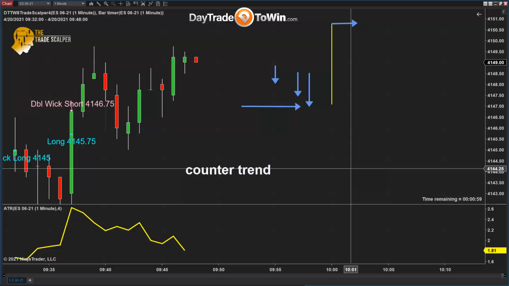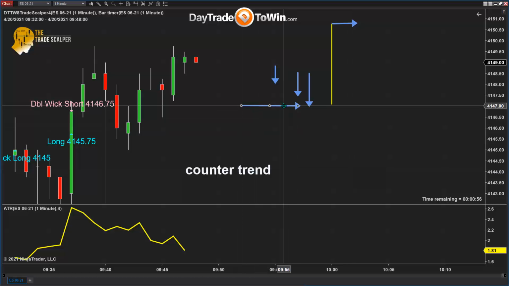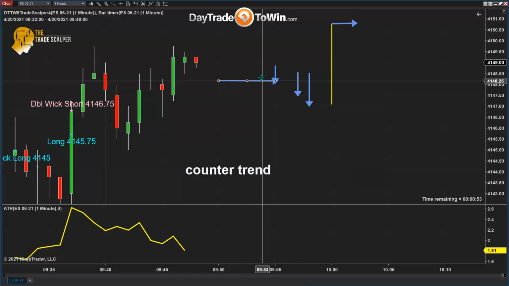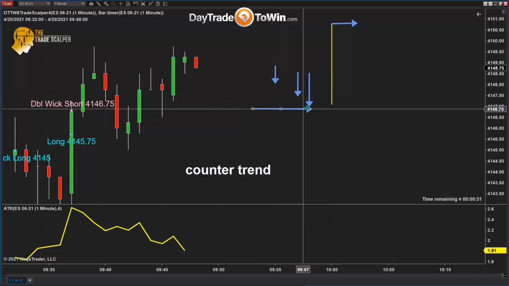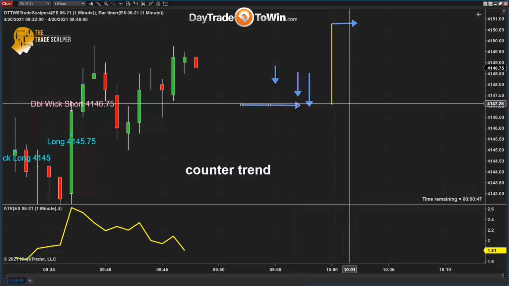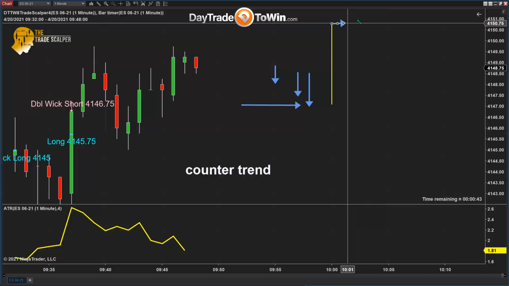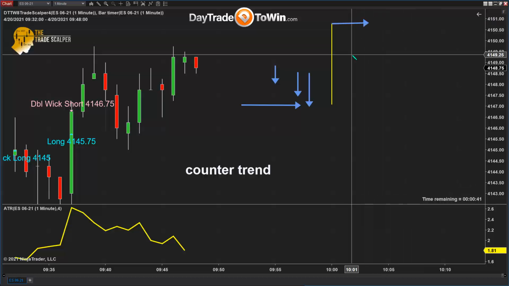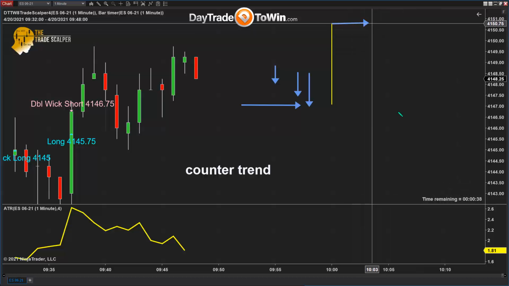Okay? So you obviously, as a counter trend trader, you're thinking, well, as the market comes down, I'm going to buy it, but I need a little bit of proof. I'm going to wait until the market reverses. And when it does reverse, it reverses so hard and so strong that it puts you all the way up here. And so you wait till the candle closes, and now you're going to buy the market here.